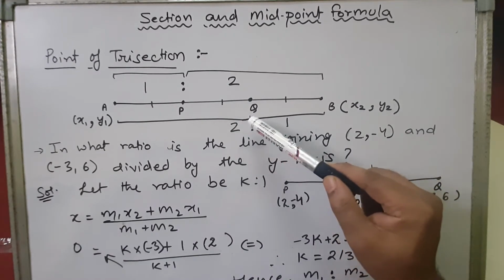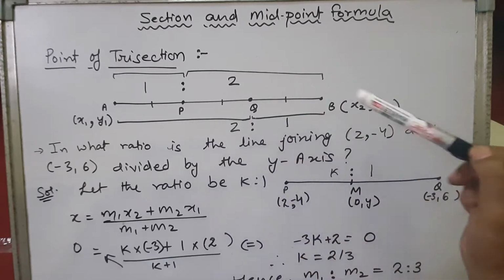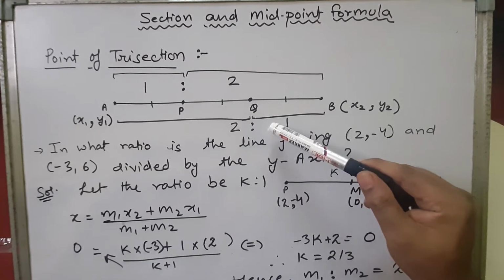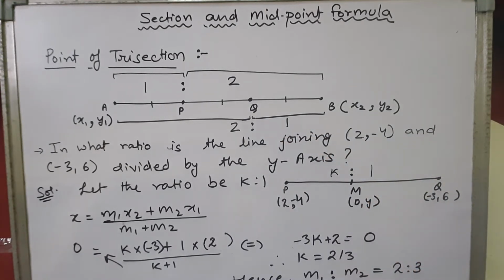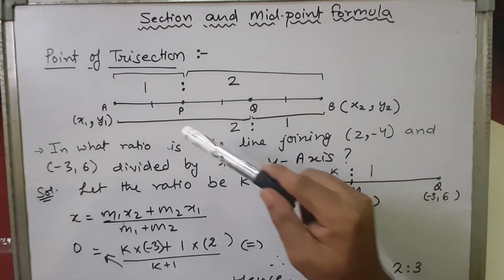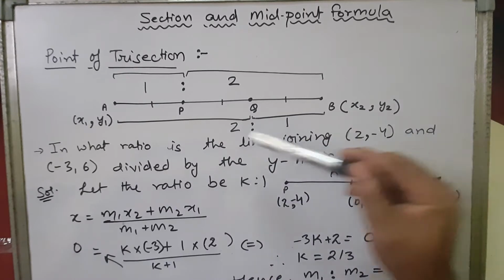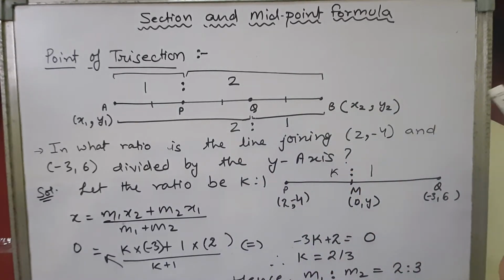You can see 2 parts are on the left hand side of Q and 1 part is on the right hand side of Q. So the ratio in which Q divides AB is 2 is to 1. So this way we can calculate the coordinates of P and Q. We know the ratio and we know the coordinates of A and B. We'll just apply the section formula and calculate the coordinates of P and Q.